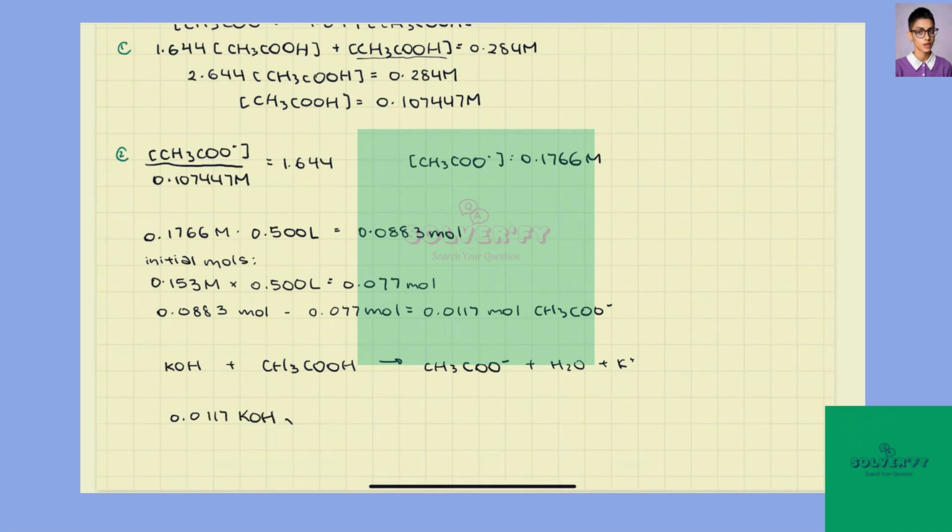We can solve for the grams of KOH that needs to be added by multiplying the moles by the molar mass to find the grams, which is 0.66 grams of KOH.